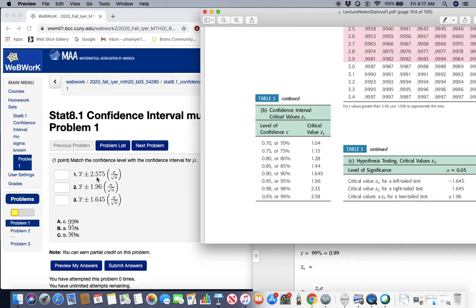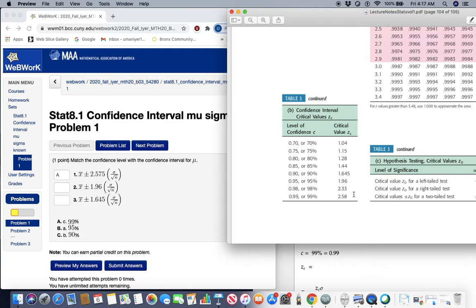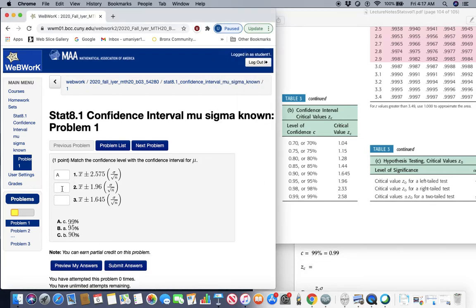So 2.575 is approximately here. 99% is a confidence level, 0.99, so that's A. 1.96 is here, that's 95%, 0.95, so that's B. 1.645 is 90%. That's C.